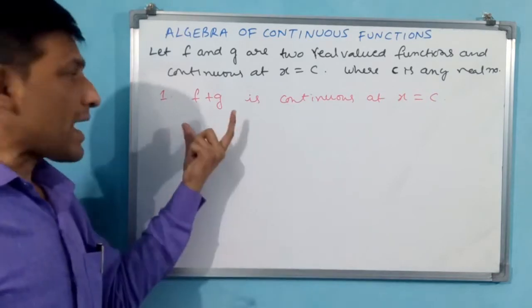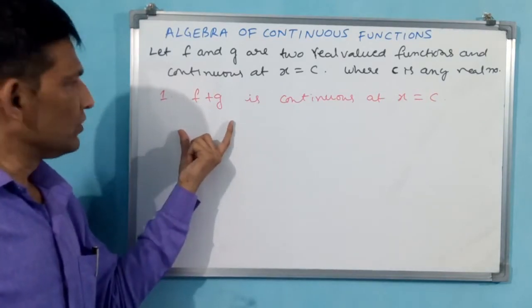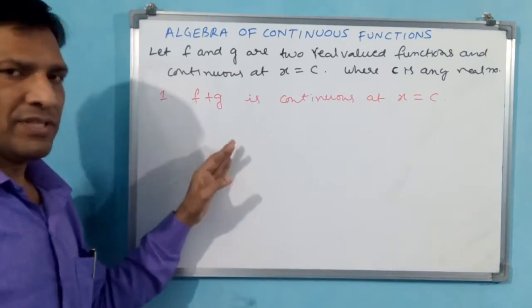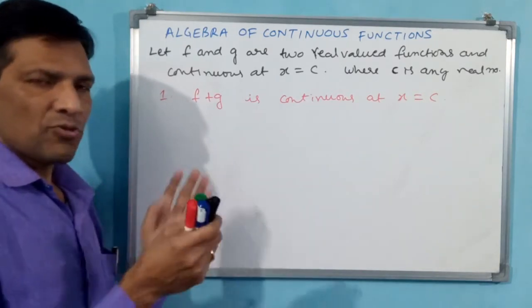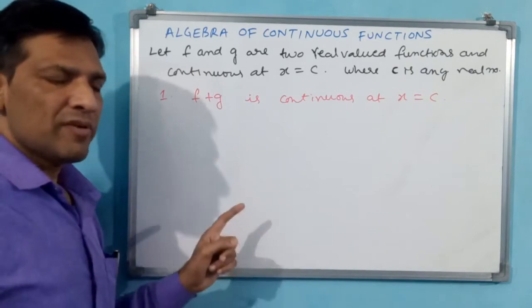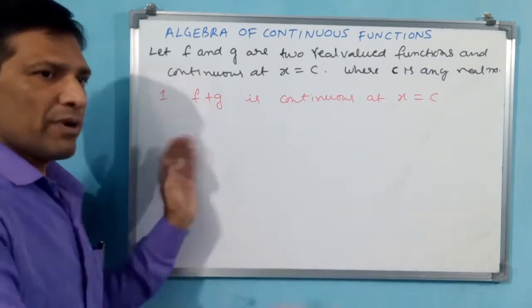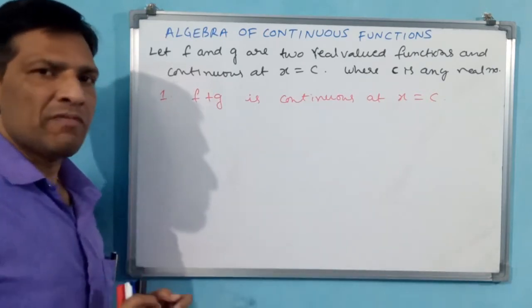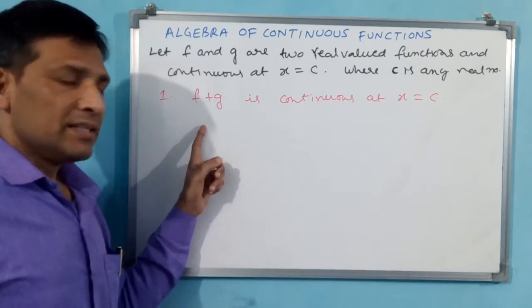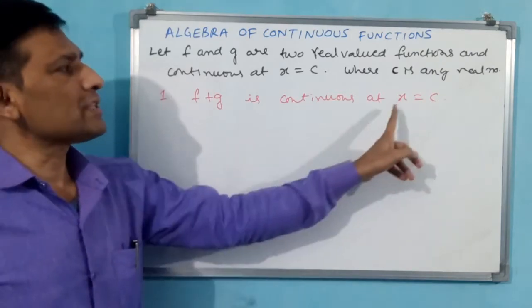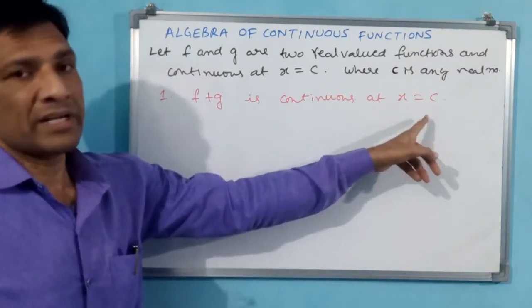If you add f plus g, it is going to become one function, not two. After adding, the resultant function is also continuous at x is equal to c. This is very important.